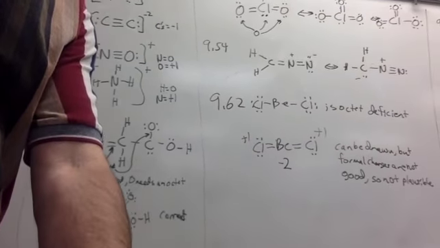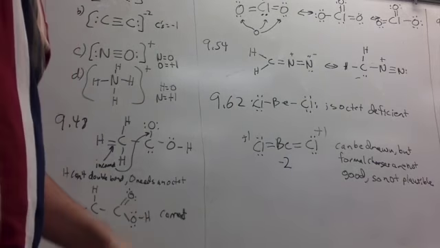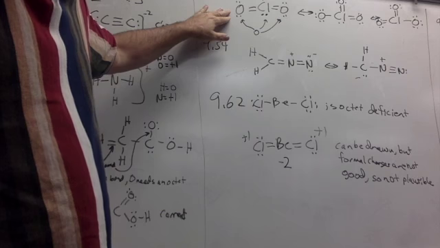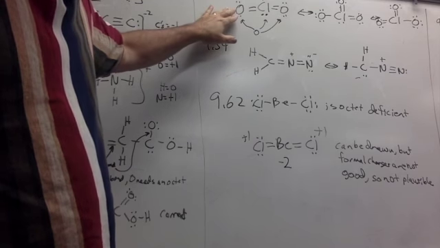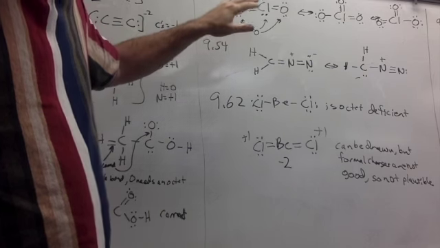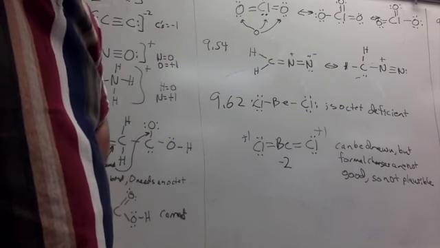Coming on over here to 9.52. We were asked to do all of the Lewis structures, all the resonance structures for chlorate, ClO3 minus 1.